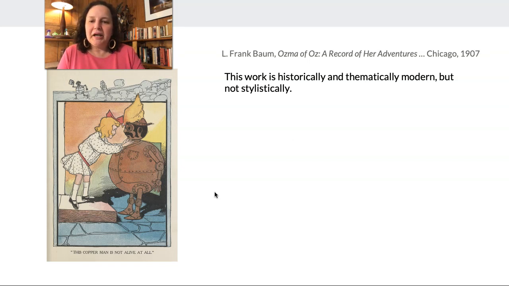So what you're looking at is Ozma, in fact, playing around with this mechanical man. And what I think is remarkable about this little snip of culture at this time is that there is a consciousness of the future of technology, and a consciousness that might emerge in the idea of a mechanical man.